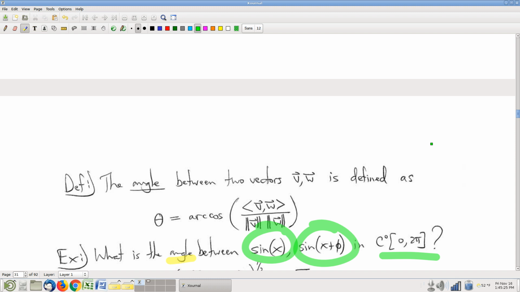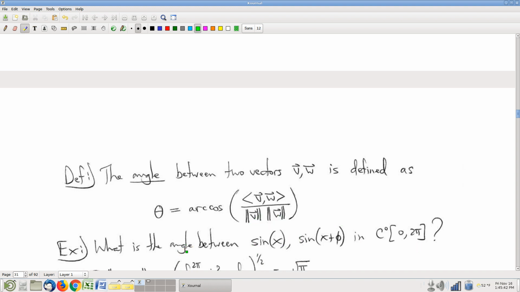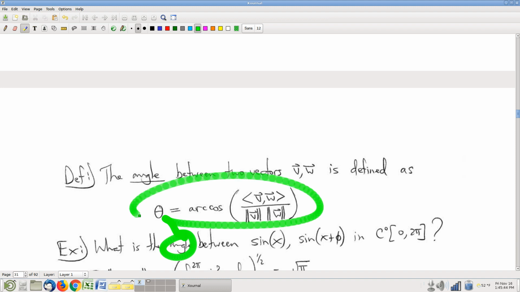So even though these don't have Euclidean-like directions that they're pointing, I can't draw a picture of the angle that I'm being asked to compute here, but I can still compute it by the analogous formulas. So here we go. Here's our definition of angle. Notice we're going to have to do some computations.